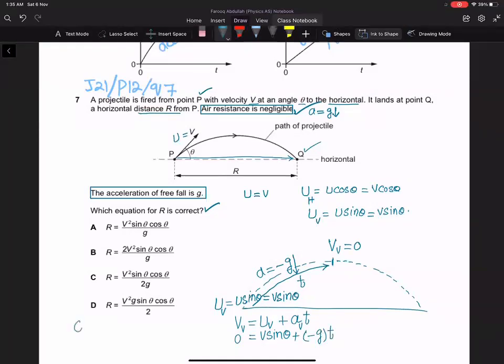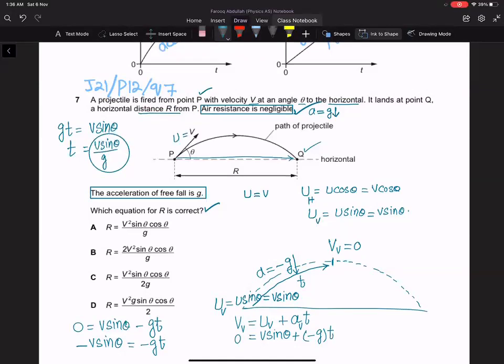So this will become 0 is equal to v sine theta minus gt. That will become negative v sine theta is equal to negative gt. As a result, gt is equal to v sine theta, and t will be equal to v sine theta over g. So this is the time to reach the maximum height.